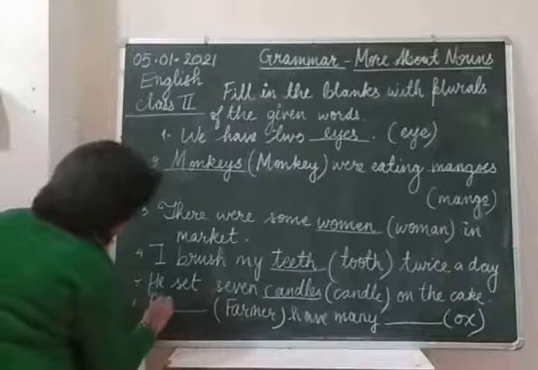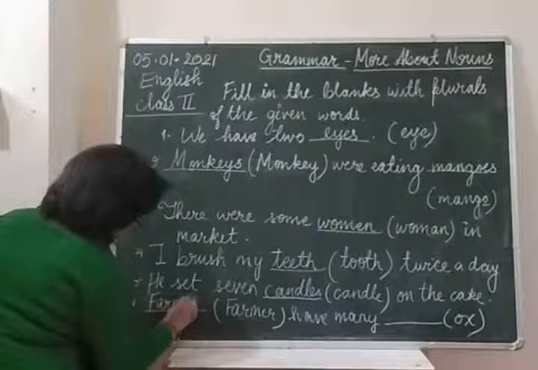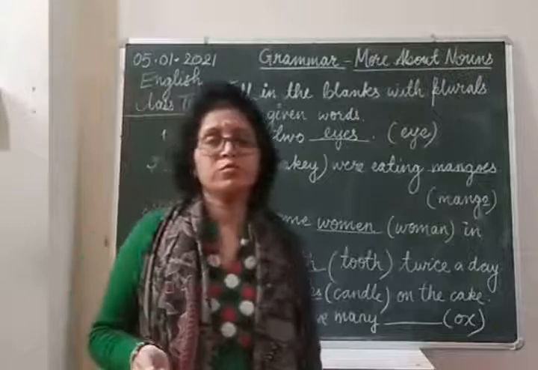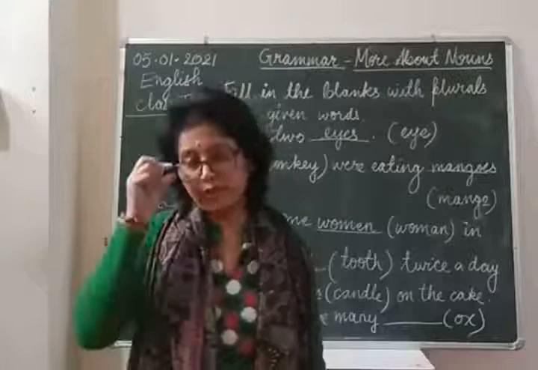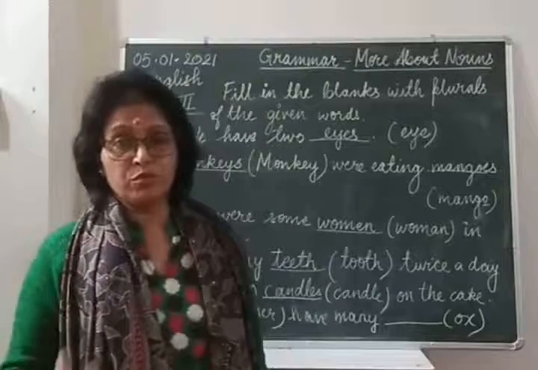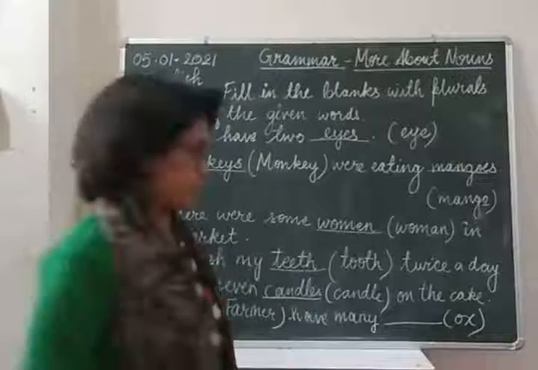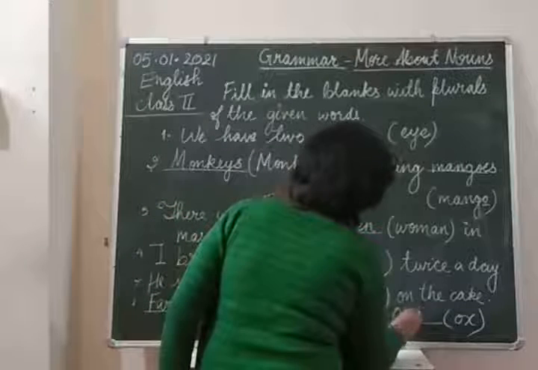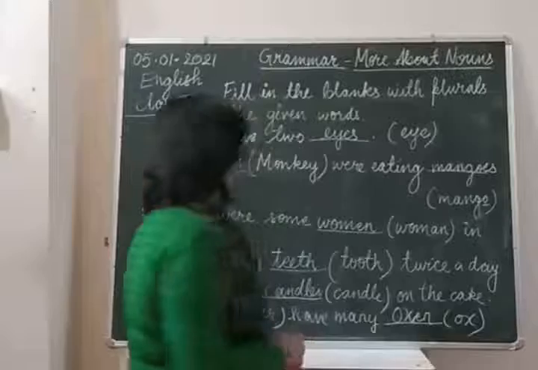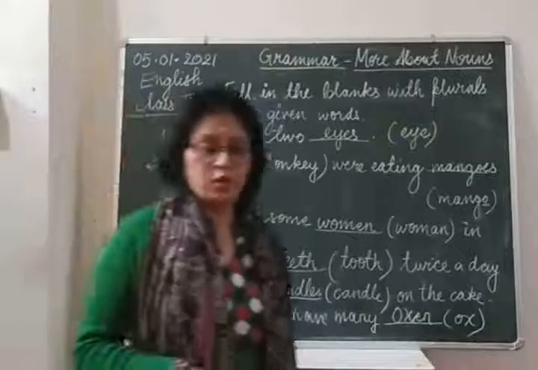Farmers have many. And what is the plural of ox? I just explained you while I was explaining you the irregular nouns. Plural of ox is oxen. O-X-E-N. Oxen. Farmers have many oxen.